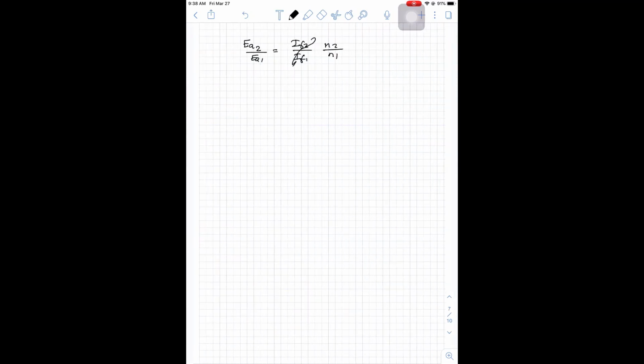IF2 divided by IF1 is 1, E armature 2 is unknown, E armature 1 was 218.2, N2 is unknown, N1 is 1000 RPM. So we can write here that E armature 2 equals 0.2182 N2. And this is our second equation.